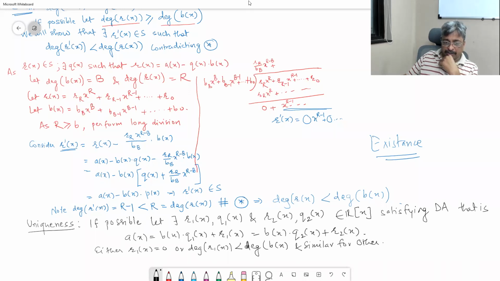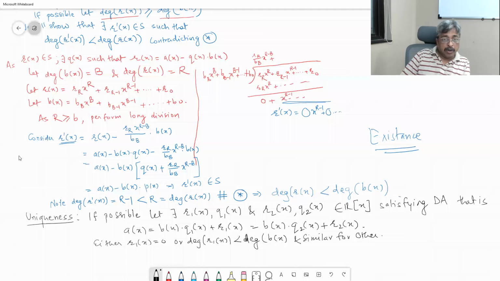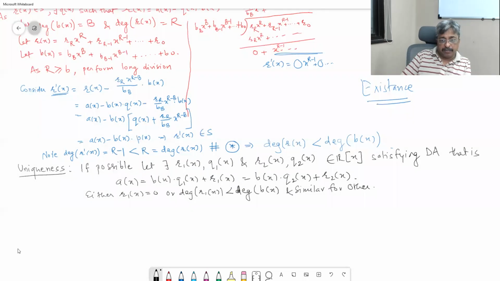That is, r2 of x should be 0 or degree of r2 of x should be less than degree of b of x. So these two statements imply b of x is the same polynomial present in both the places here.